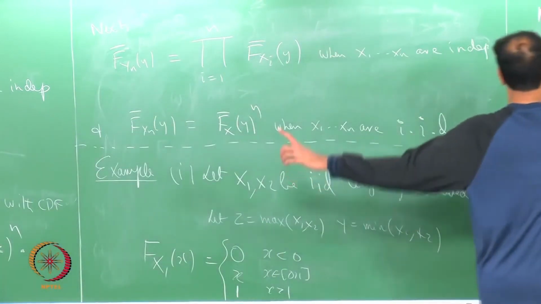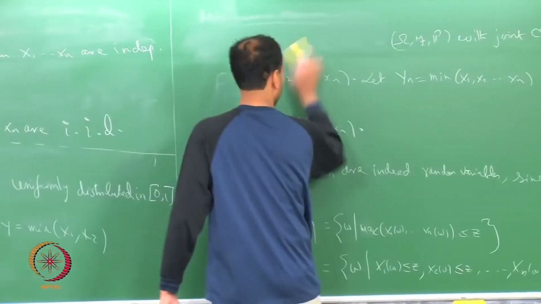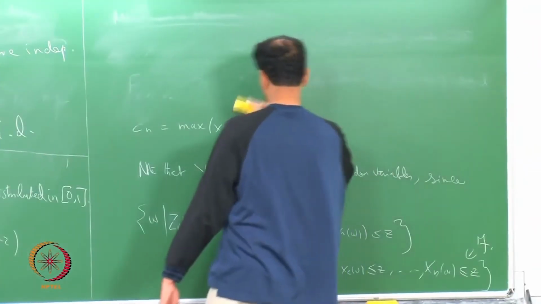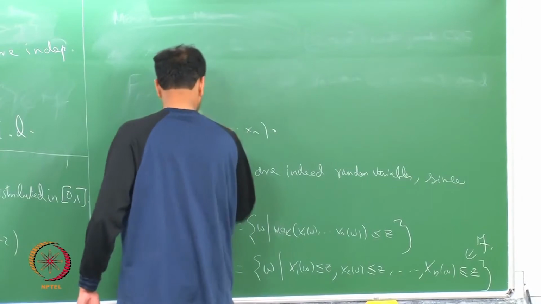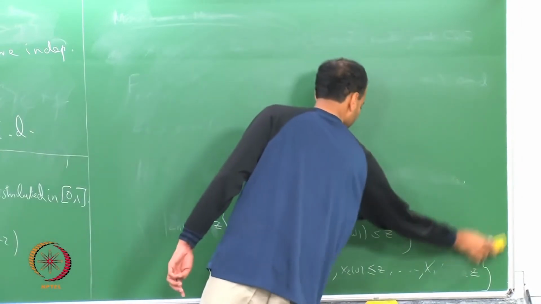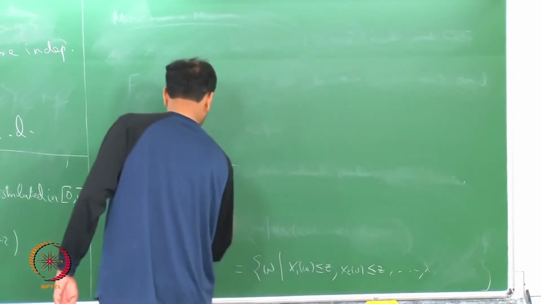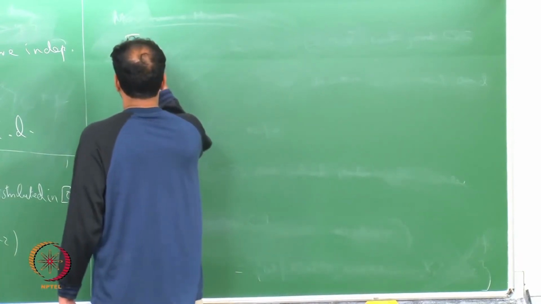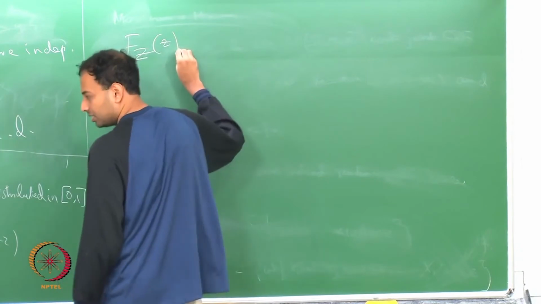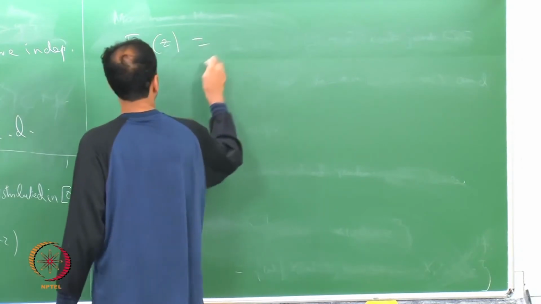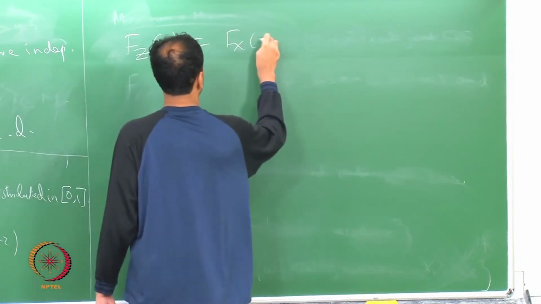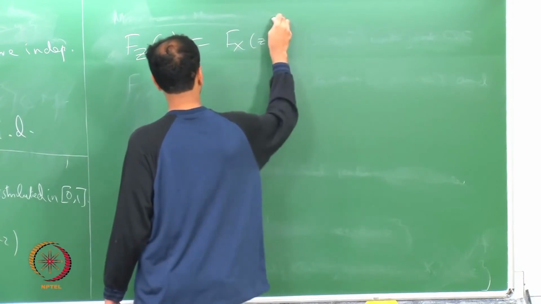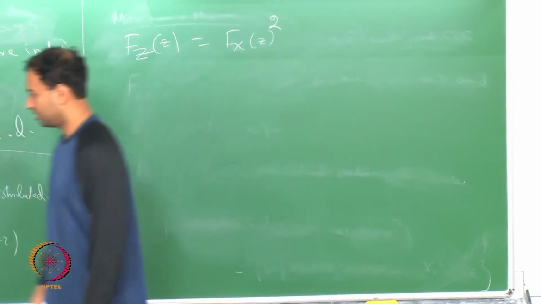So, from our formula you can immediately see that F z of little z will be equal to F x of little z squared.